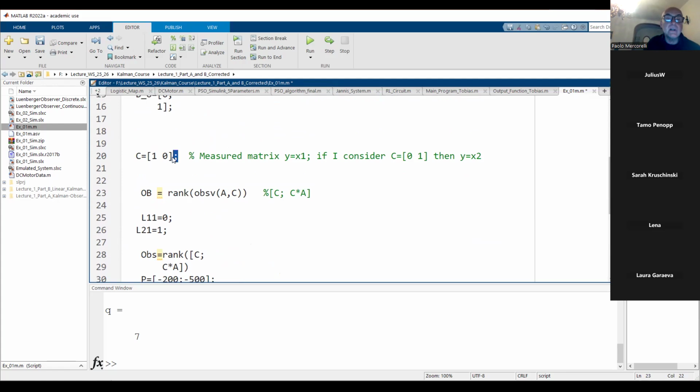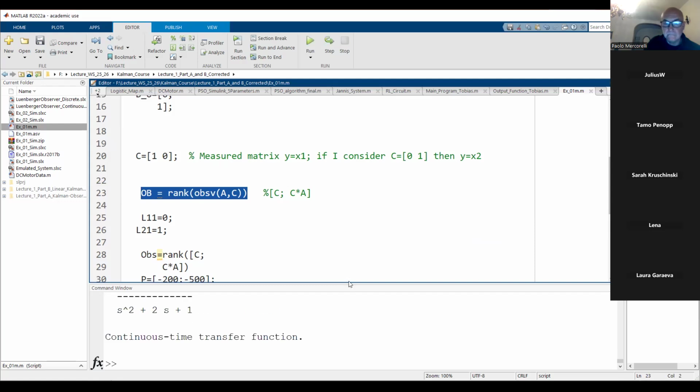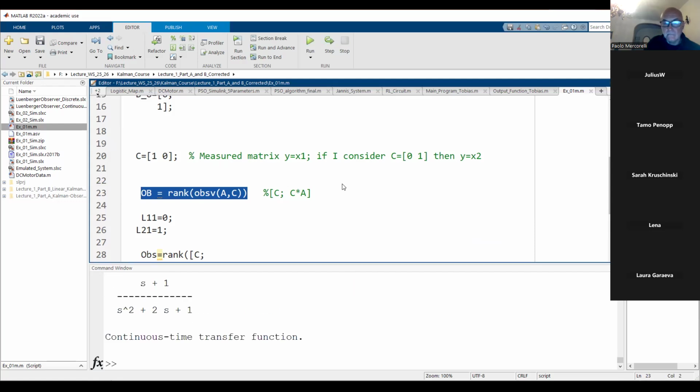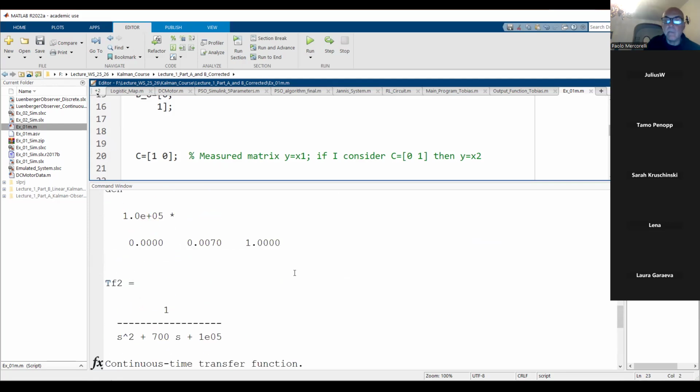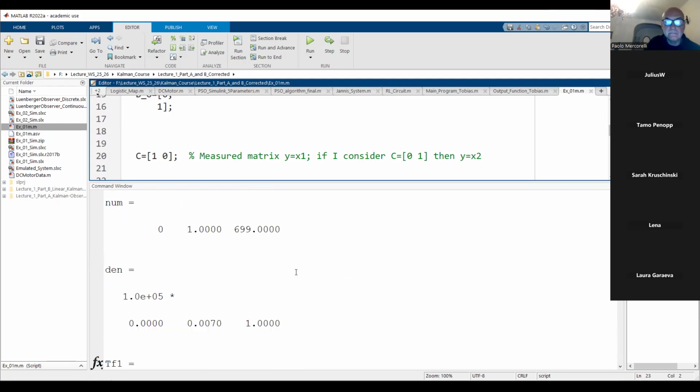If I put a semicolon, I don't see the result in the command window. We will see directly this result here. Let me show you. We have many things that at this moment have no particular meaning for us.